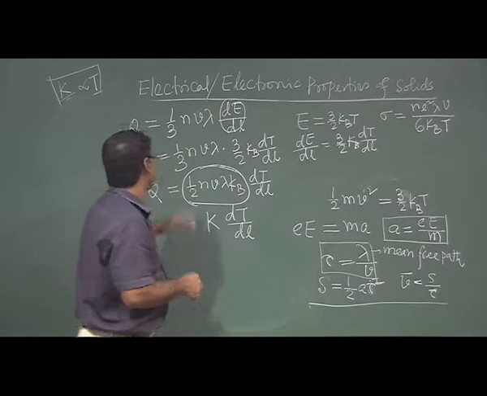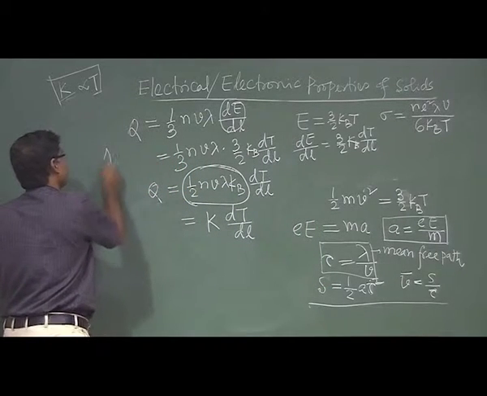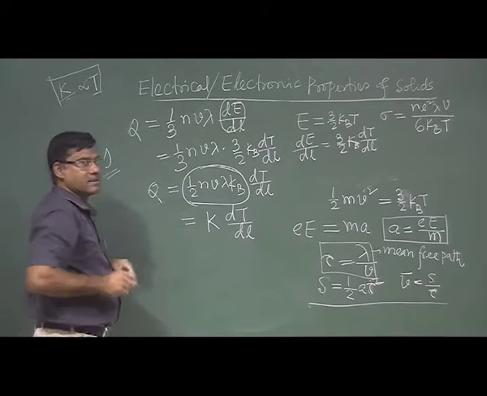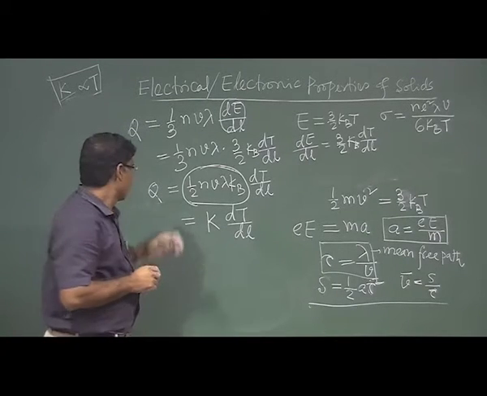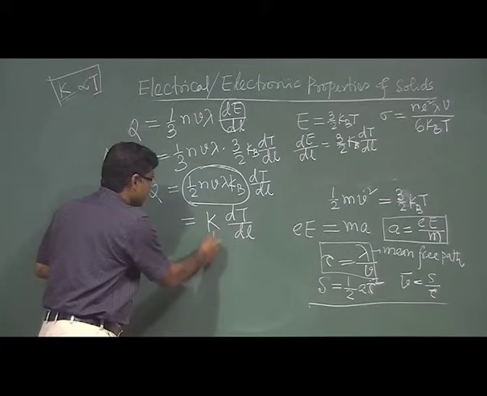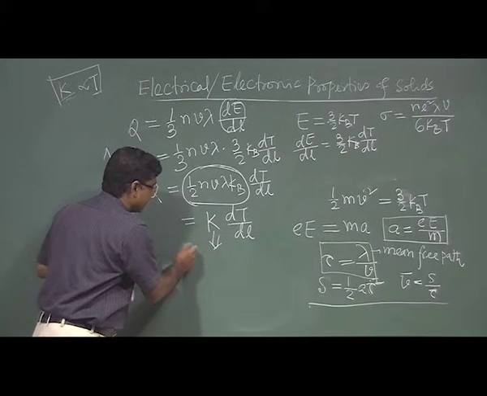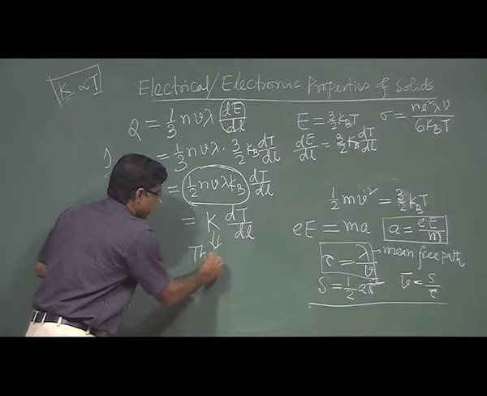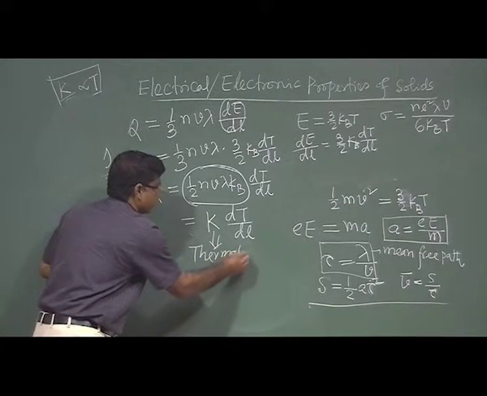It is similar to J, current density. Okay. So, this K is called thermal conductivity.